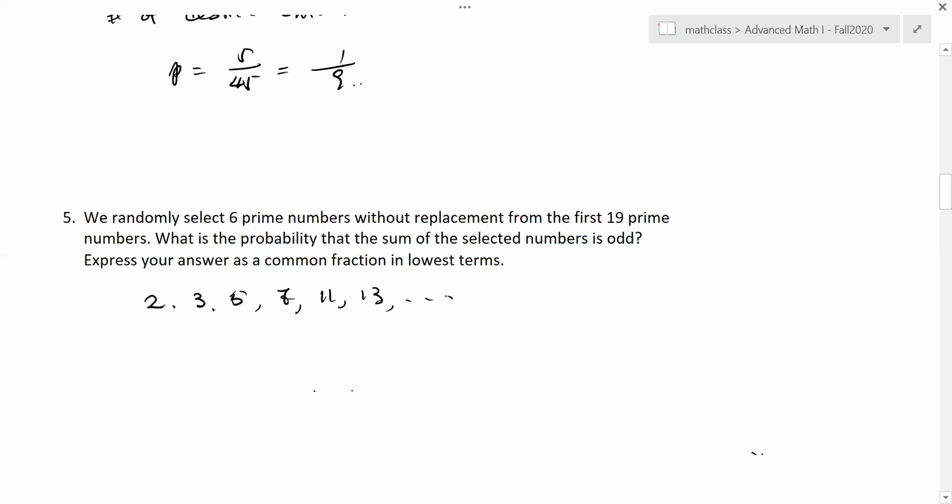Most of them, except for the first one, are odd prime numbers, right? So the sum of 19 odd numbers, because 19 is an odd number too, right? That is going to be an odd number, okay?